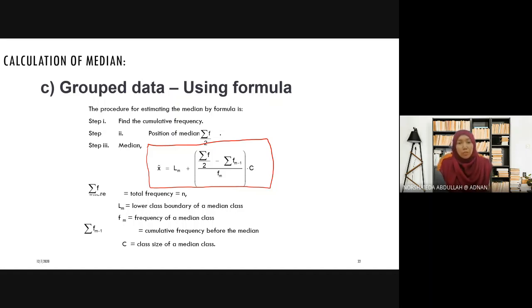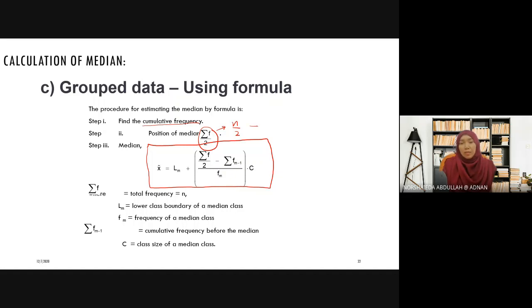Again, for frequency distribution group data, we do not need to arrange the data because it is already arranged. Next we find the cumulative frequency. After that, we find the position of the median, total frequency over 2, or n over 2. Then we identify which class is the median class.